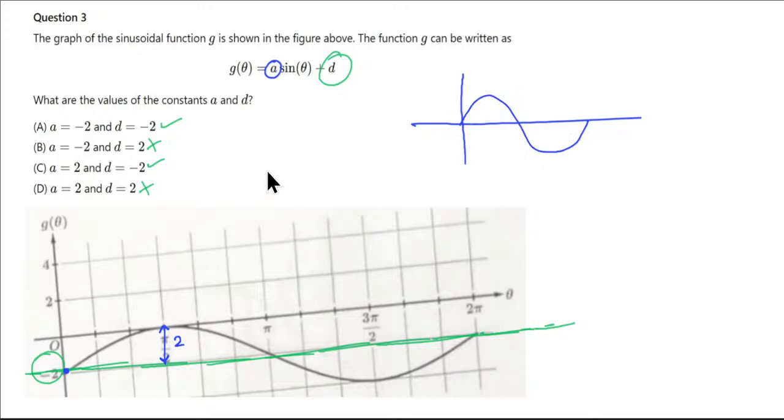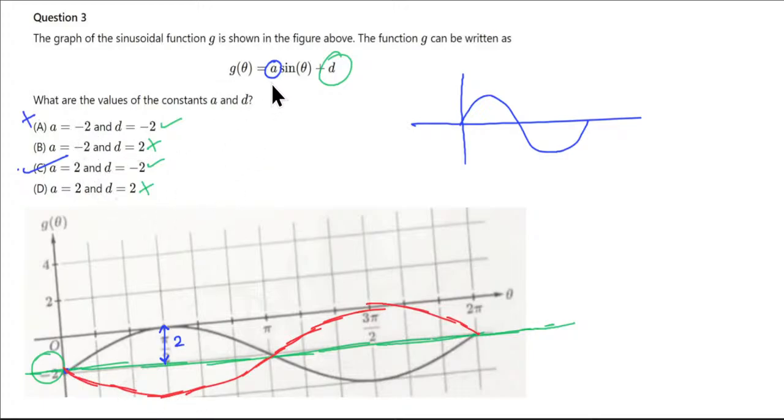So now I can safely say that the value of a is 2 and not -2, because if it was -2, the curve would look like this. It will be exactly flipped about the midline because it is now going down. Why? Because a is -2.